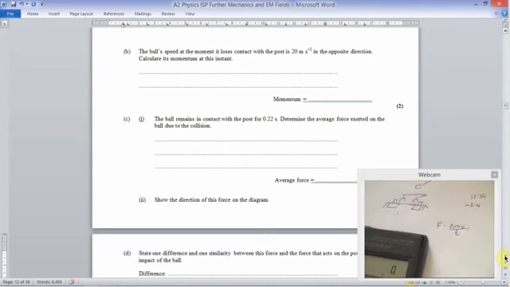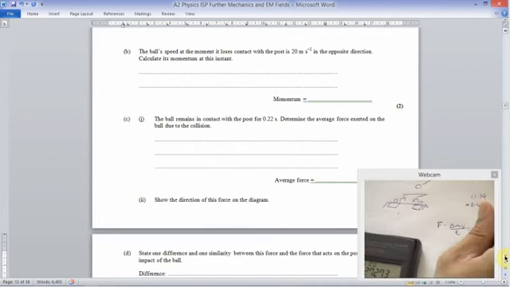So a change in momentum is 11.34 take away minus 8.4. You've got to get that minus 8.4 in there. That's a common mistake. People forget to put that minus in there. Then you need to divide that by the time, which is 0.22. So it gives us about 90 newtons, 89.7 newtons, which is approximately equal to 90 newtons. So there's a 90 newton force in terms of this collision.